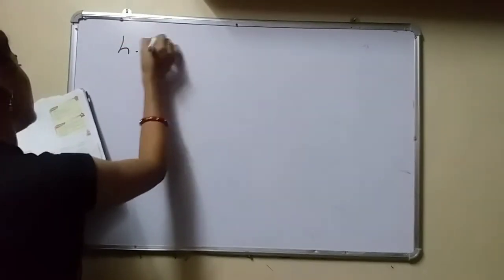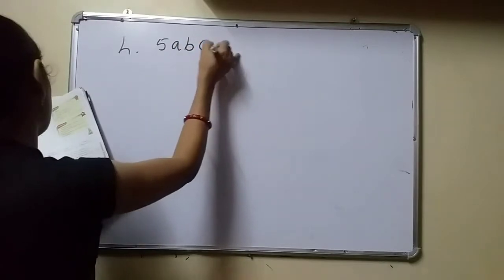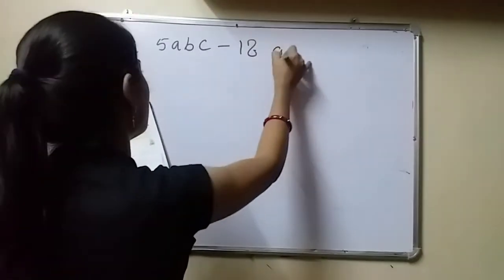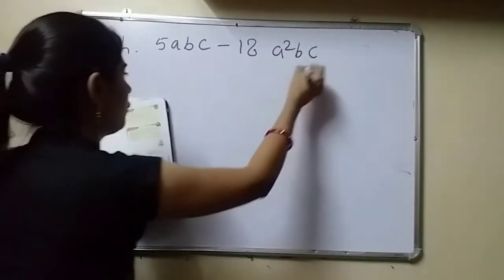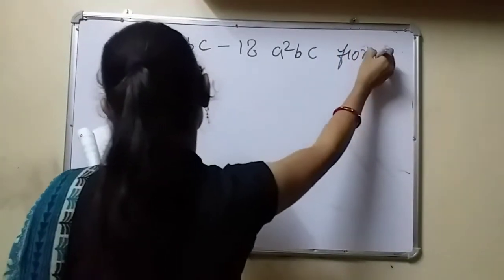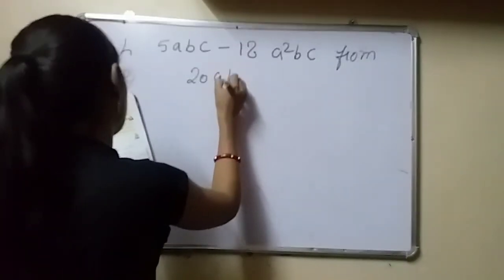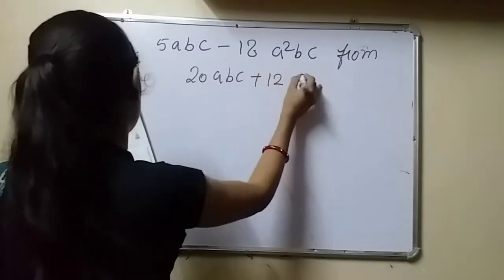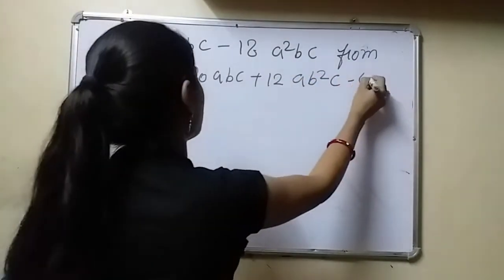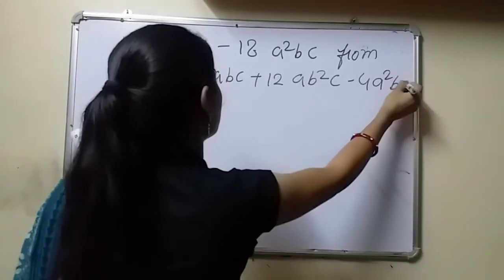H I will solve. That is subtract 5abc minus 18a square bc from 20abc plus 12ab square c minus 4a square bc.